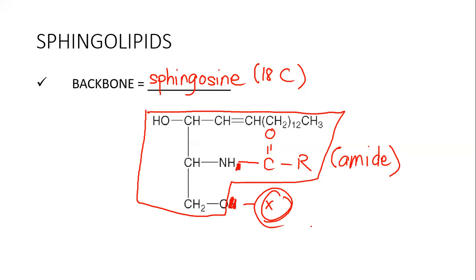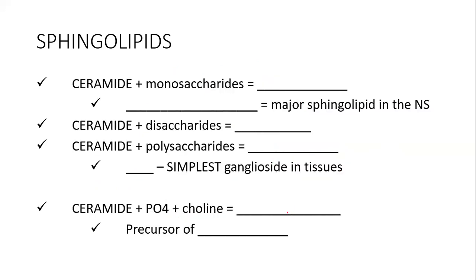Okay? So let's start with ceramide plus monosaccharides. Our head group is a monosaccharide, usually glucose or galactose. We call ceramide plus monosaccharide a cerebroside. An example of a cerebroside would be galactosyl ceramide.